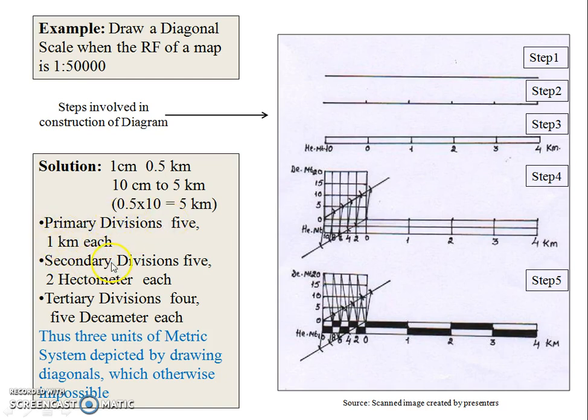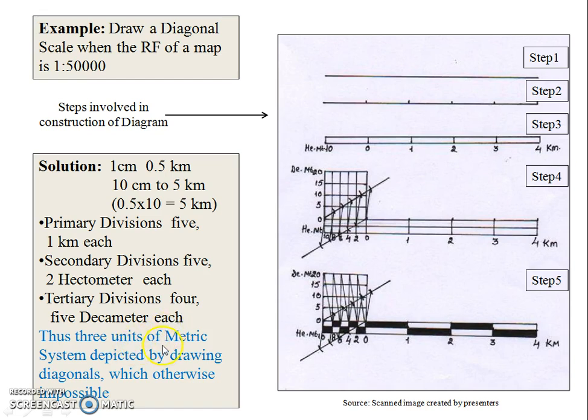Again, at secondary level, 5 divisions showing 2 hectometer each. Now, with the help of diagonal line, we can show distances less than 2 hectometers. 2 hectometer is equal to 20 decameter. So, diagonally, 4 divisions of 5 decameter each.